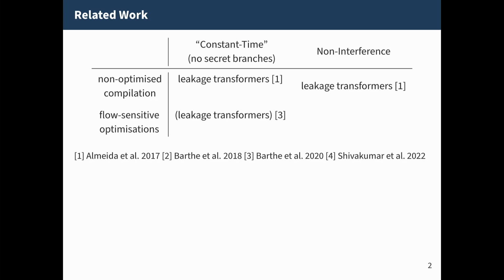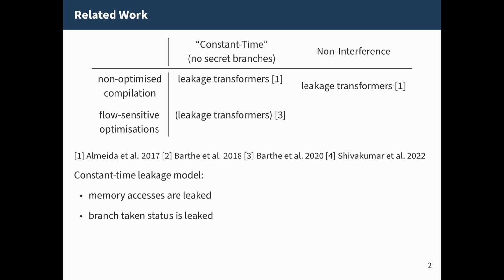The constant time leakage model is that memory accesses and branch taken status are leaked. The important thing for us is that this basically removes all secret branches, so we know in the source code already that there is no secret control flow.